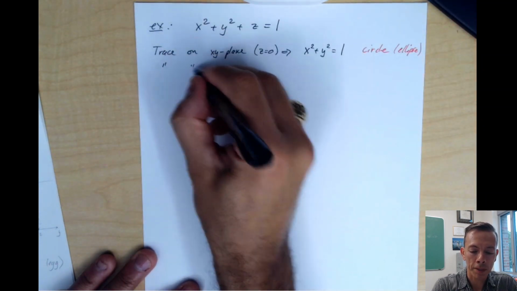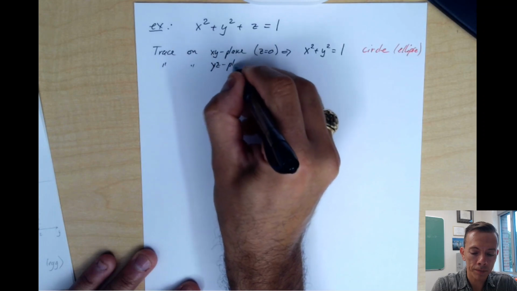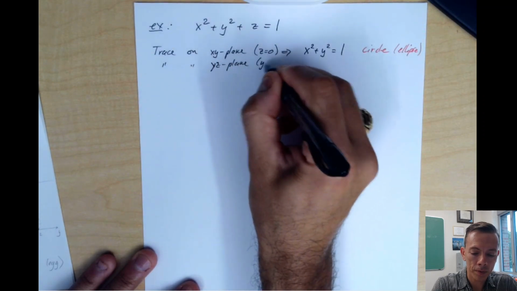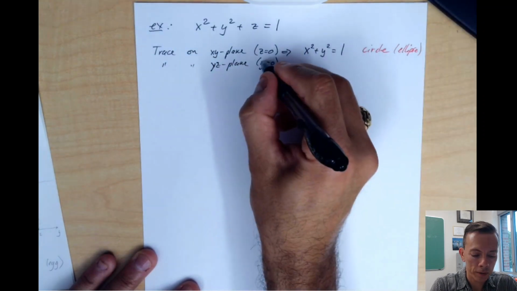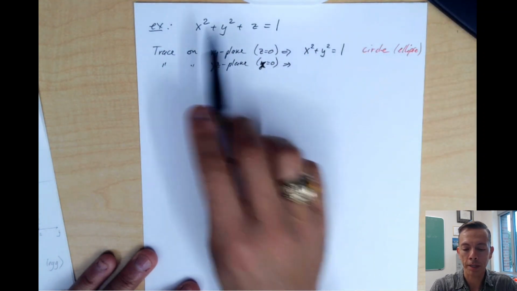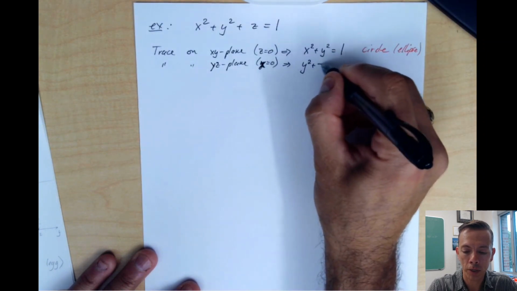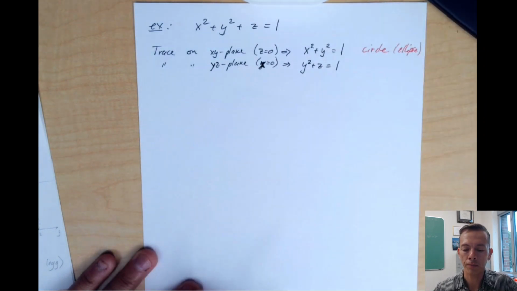The same thing with the yz plane, whose equation is x equals 0. Plugging that into the equation above, we get y squared plus z equals 1, which is a parabola.